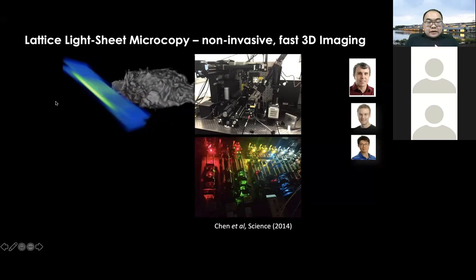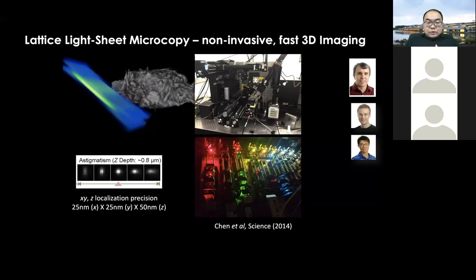Specifically, if we combine both, we can achieve an XY localization precision of about 25 nanometers and a Z localization precision of about 50 nanometers. If you translate this into DNA terms, it's roughly about 200 base pairs of DNA per localization. So currently we have the resolution to study gene organization at the single nucleosome level.